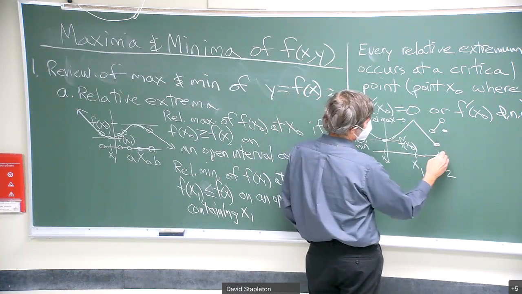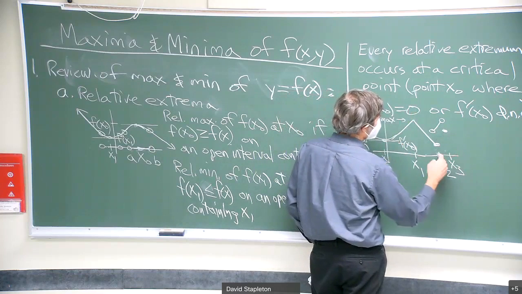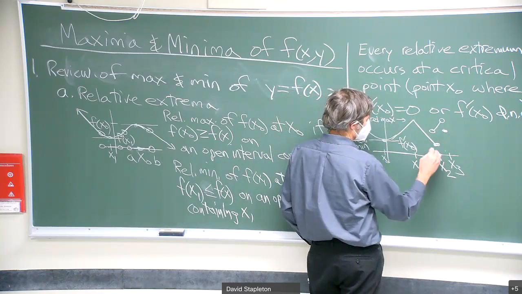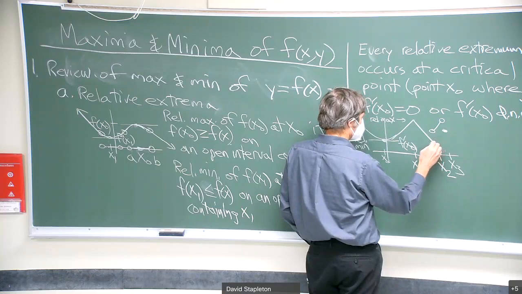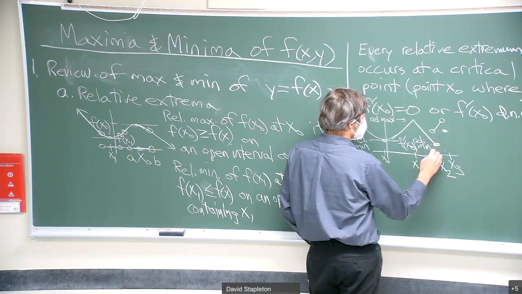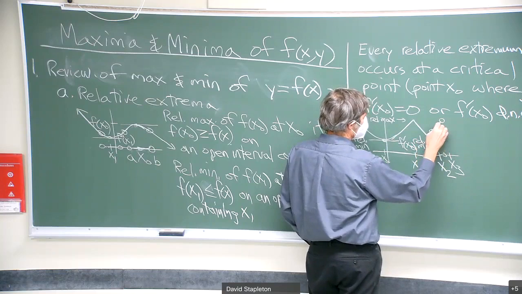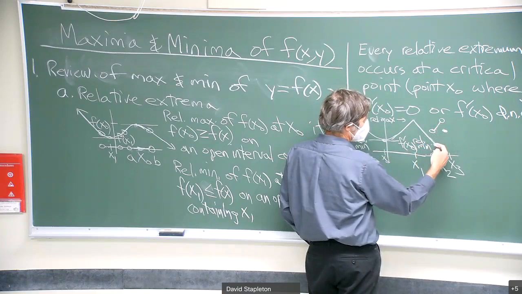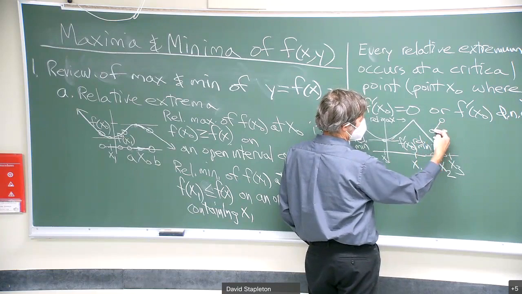For instance, this one right here, x3, I guess I should have put this one at x2. There's a relative minimum here, because on some open interval, you're taking this piece of this part, and the lowest y value is right here in the middle.